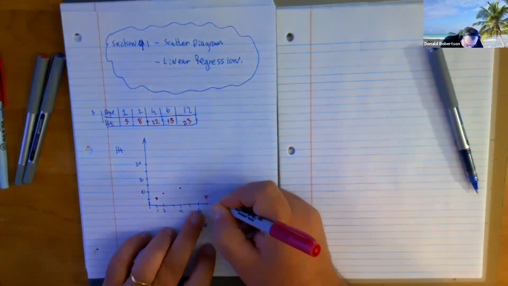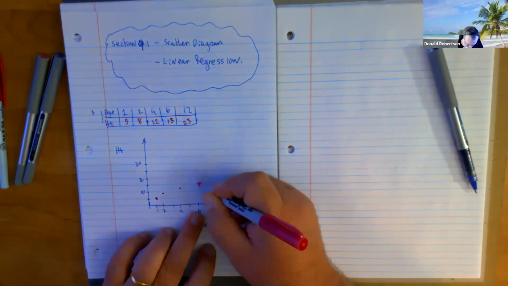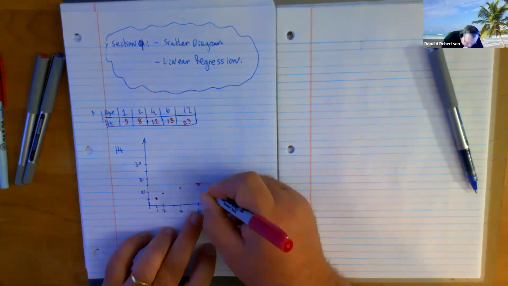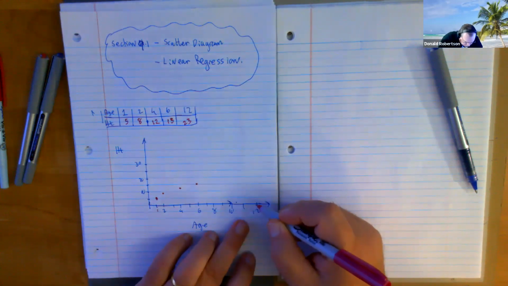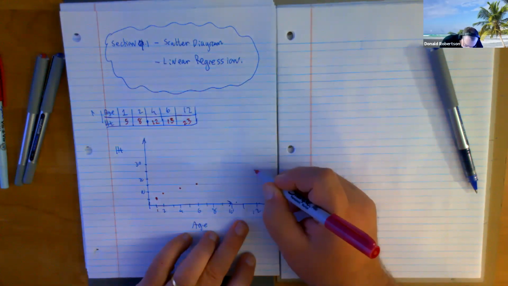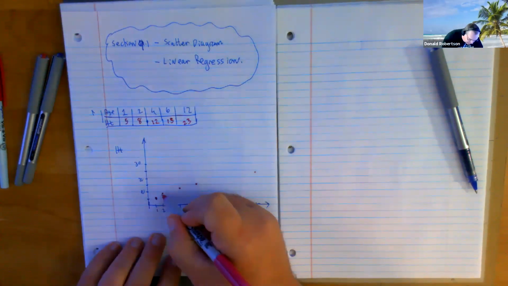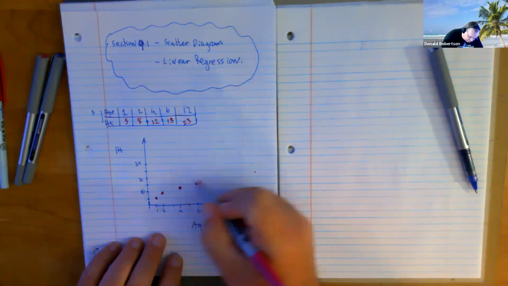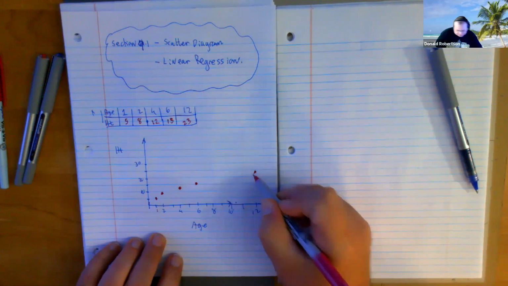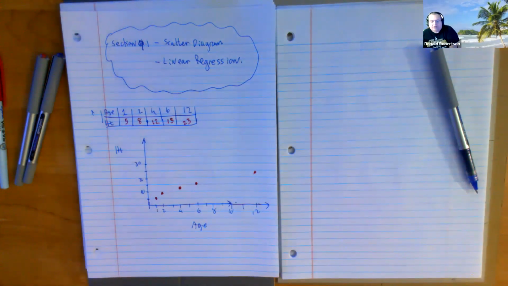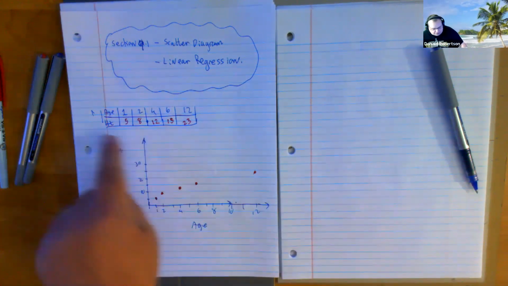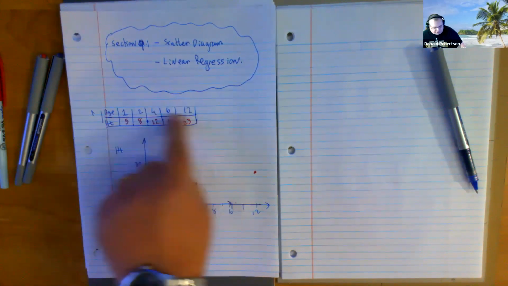At 6, it was 15, takes it about here. And at 12, it's 23, which takes it about here. I'll make these dots extra big just so we can see them. And that's what a scatter plot is. It's basically a visual representation of a table.